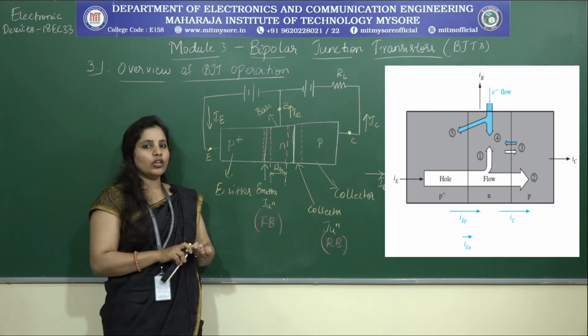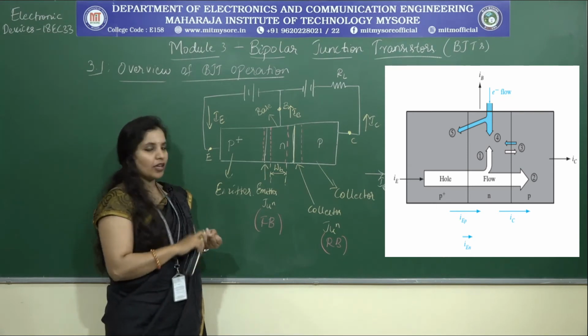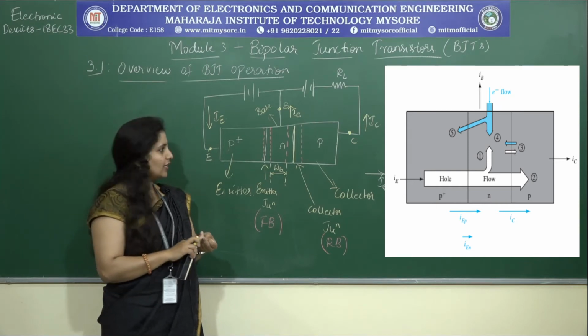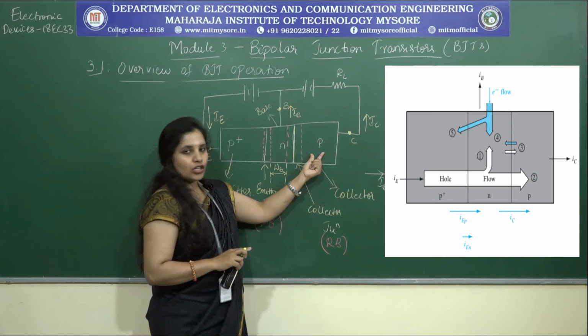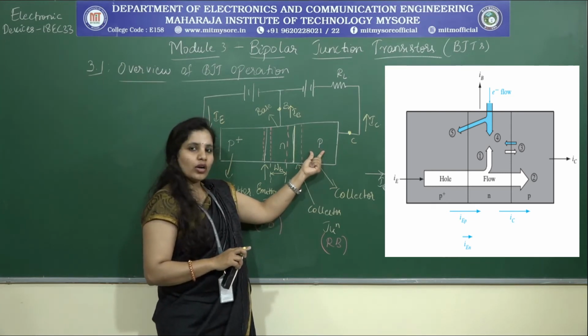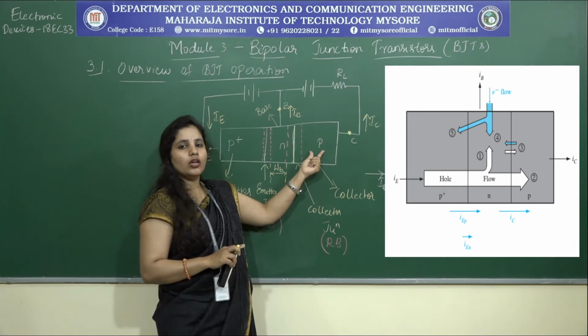Now let's look into the third reason which makes this particular base current smaller in quantity. Whatever this P region that I have, this P region also contains a certain amount of electrons, which are the minority charge carriers. Right?